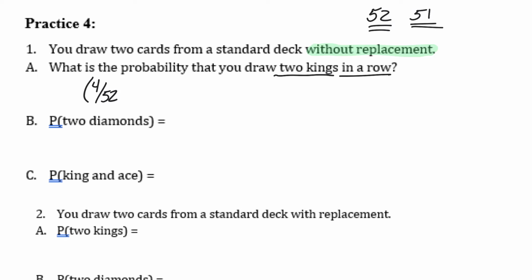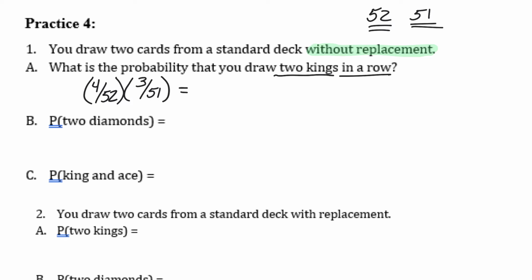So that's our probability of selecting A. And then probability of selecting B. Well, now that I've drawn that king, there are only 3 kings. And since I've drawn that king and set it to the side, there are only 51 cards as opposed to 52. So the way we get the probability of these two events is we multiply the probability of each together.